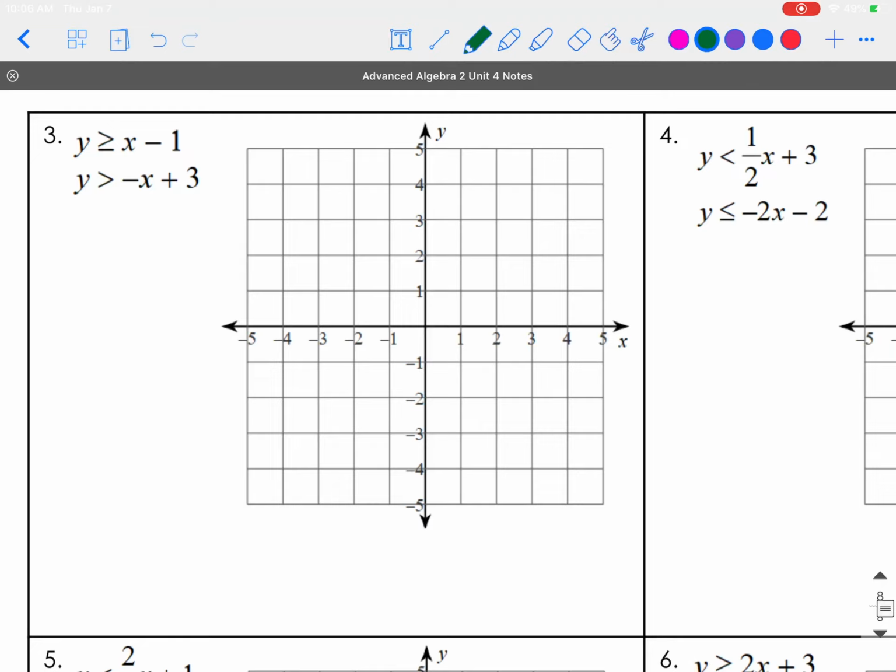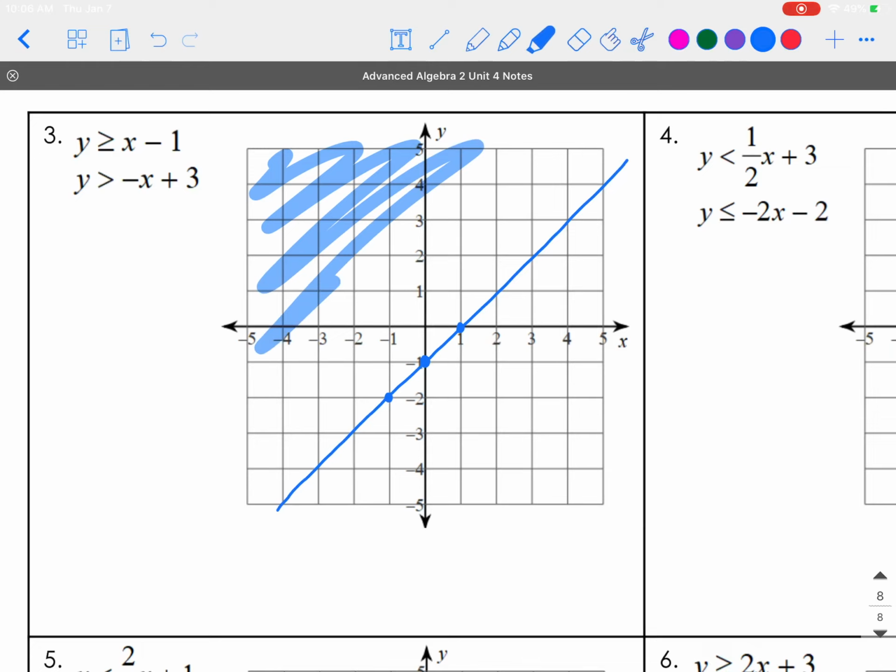I want you to try number 3. So pause the video and try number 3. All right, number 3, we had -1 with a slope of 1. You should have drawn a solid line and shaded above.